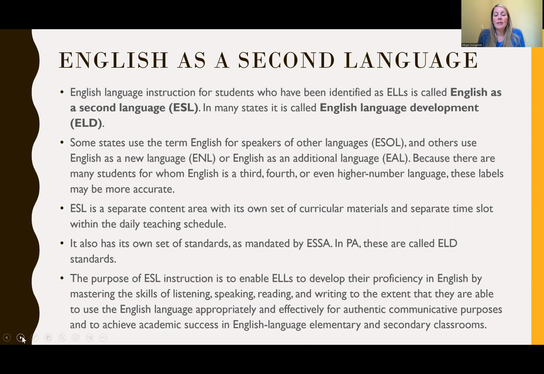So ESL is a separate content area with its own set of curricular materials, separate time slot in the day, and standards. These standards have been mandated by ESSA. In Pennsylvania, we call our standards English Language Development, or ELD standards.